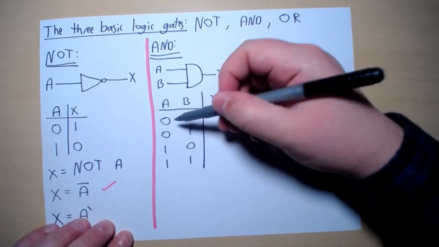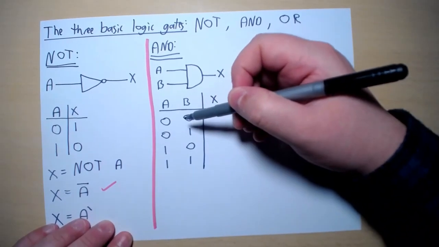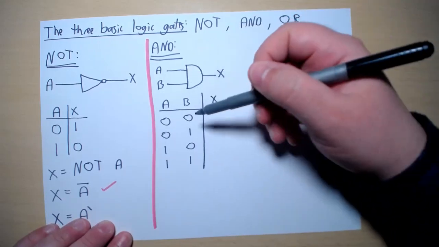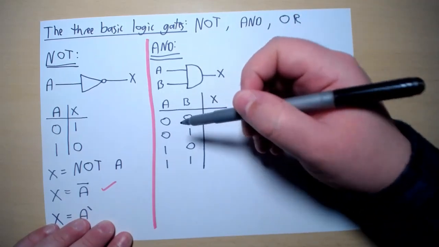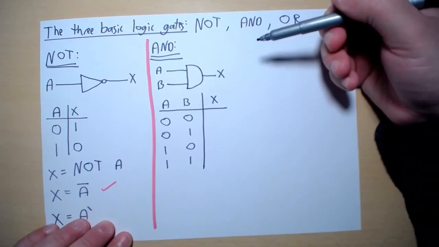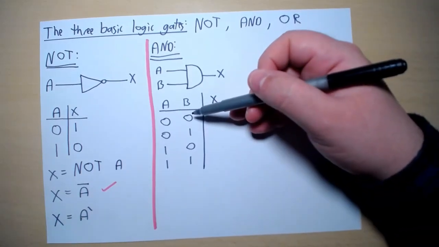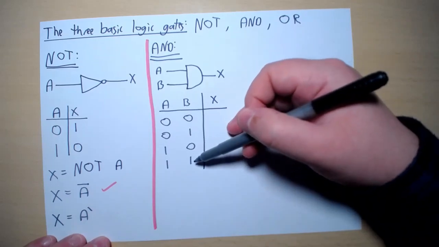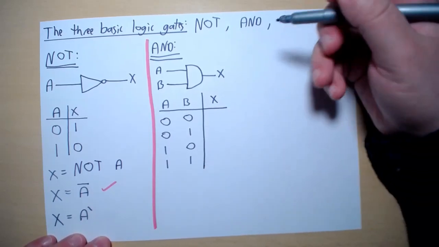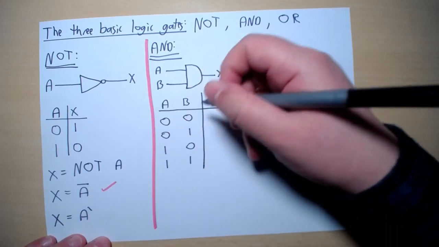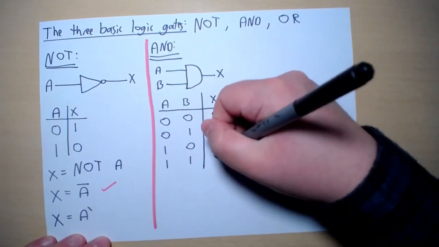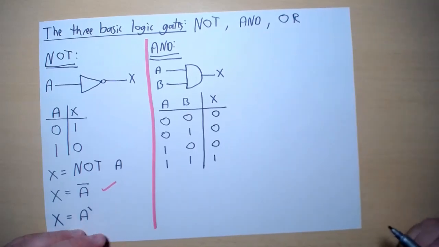If you convert these binary numbers to decimal, you will notice that these represent the numbers in decimal 0, 1, 2, and 3. Now the outputs that the AND gate will give us in this case are these 0, 0, 0, and 1.